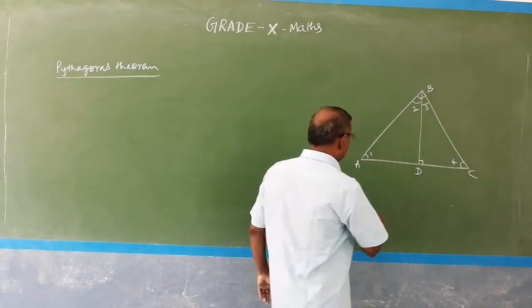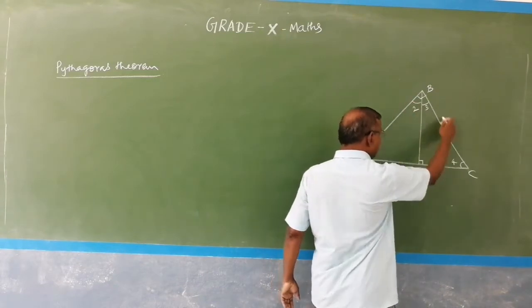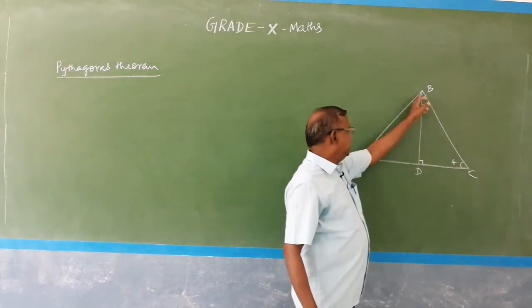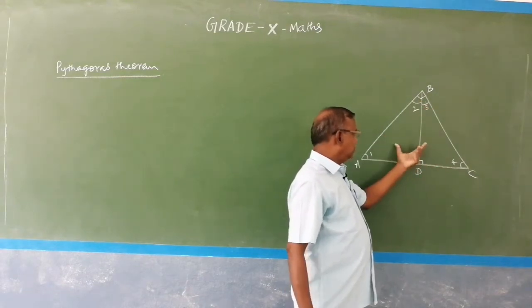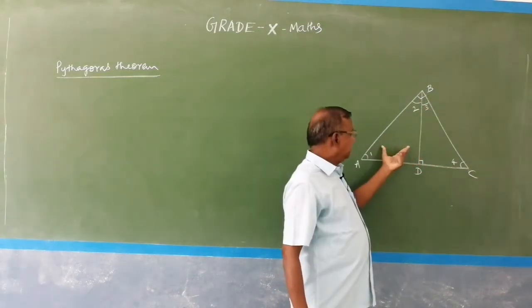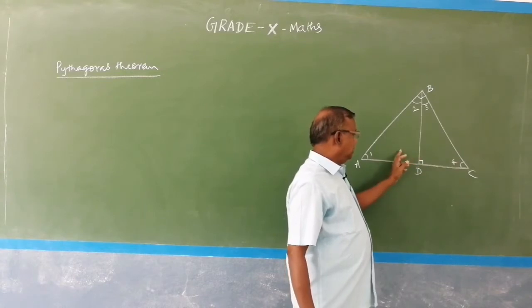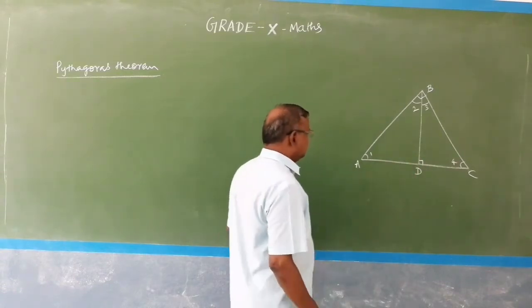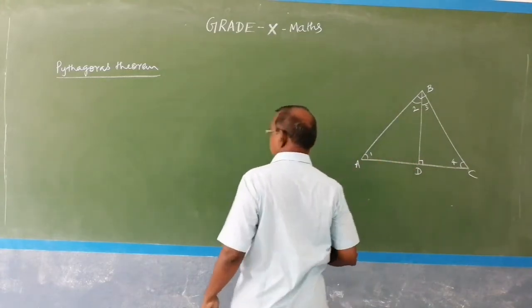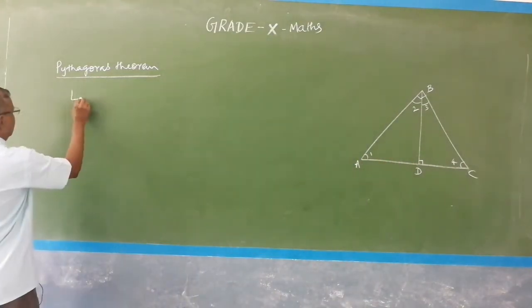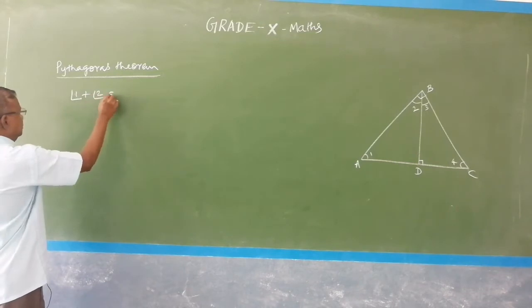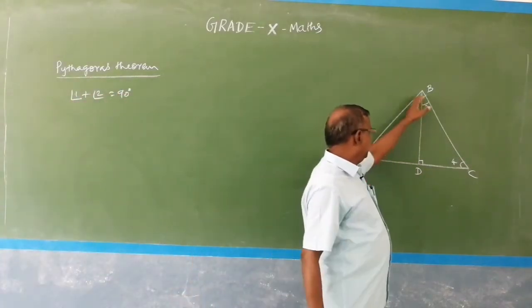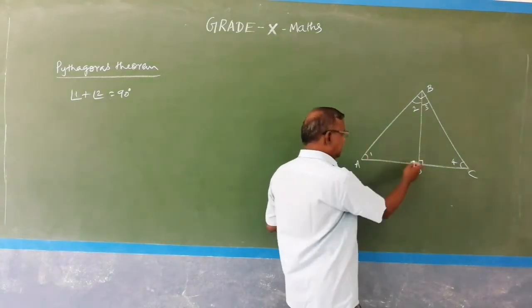Note that even though ABC is a right angle triangle, the two smaller triangles ADB and BDC are also right angle triangles, each with the right angle at D. Now angle 1 plus angle 2 equal to 90 degrees, because ADB is a right angle triangle in which angle D equals 90 degrees.